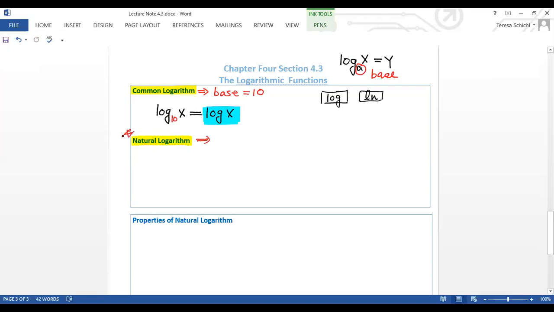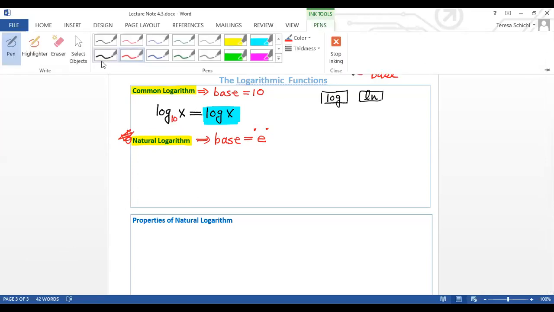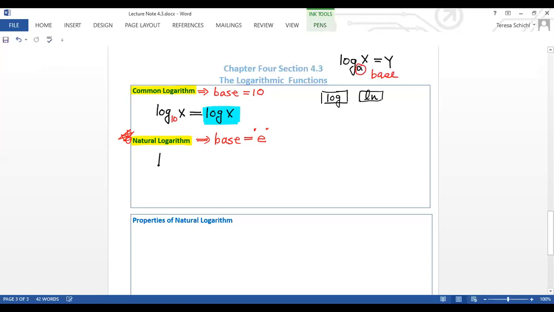Okay, the next one is the natural log, which is probably one of the most frequently used functions in calculus. It also has a very special base, the natural number e, which is 2.718 something. I write it as log_e x.